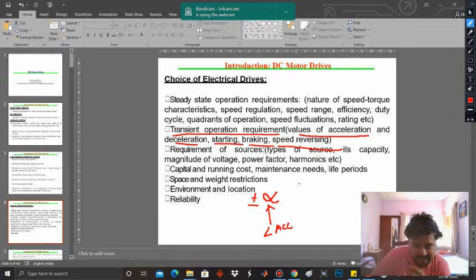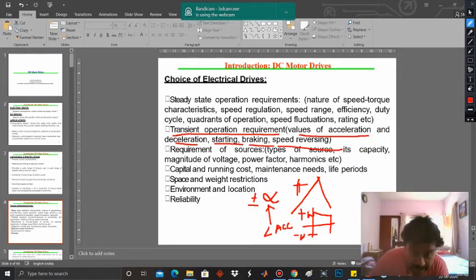Now the starting and braking has to be there. So the motor has to start, that means the speed should increase, and the motor has to brake, that has to be there. And maybe if you see the speed, if it is plus omega, then the speed may be negative, it may be minus omega at a particular point of time.